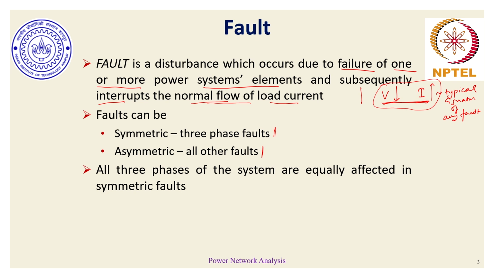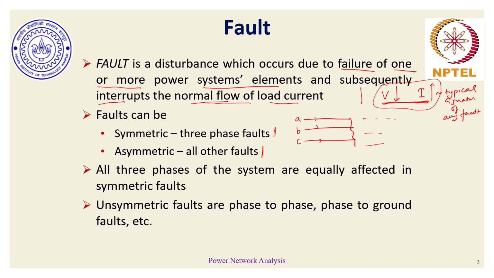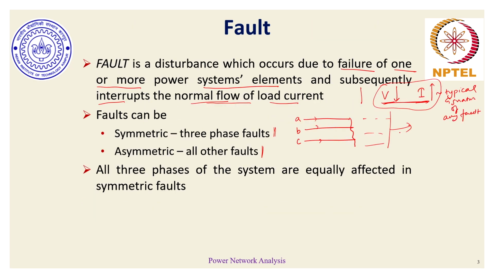Since our power network is a three-phase network, if we have a transmission line where the three lines correspond to phase A, phase B, and phase C, and if a fault has occurred which is equally affecting all the three lines, then it is imperative that the normal flow of current which was through these transmission lines to some far off load would not get the usual flow, and all the three currents would be equally affected. So symmetric faults are those cases where all the three phases, from the perspective of current or voltage, have a similar pattern of diminishing or increased behavior.